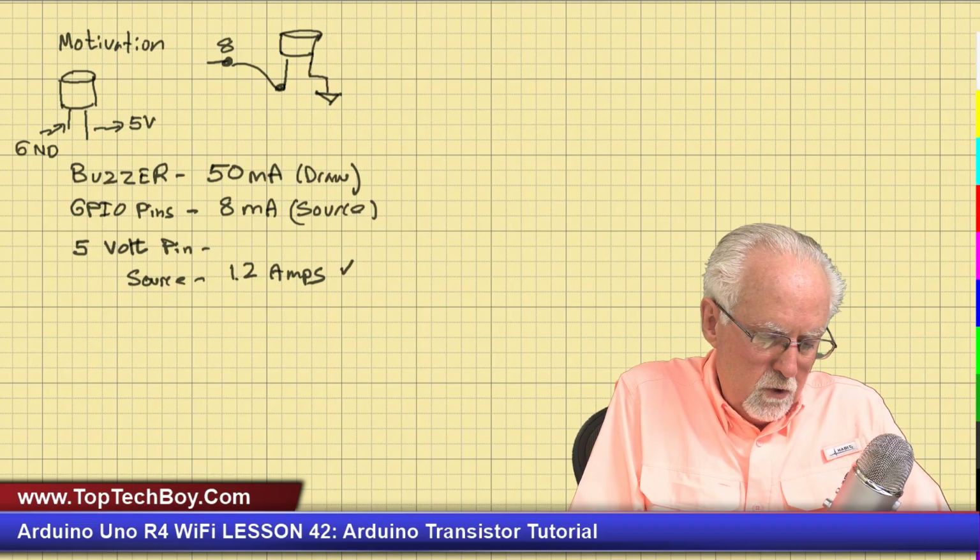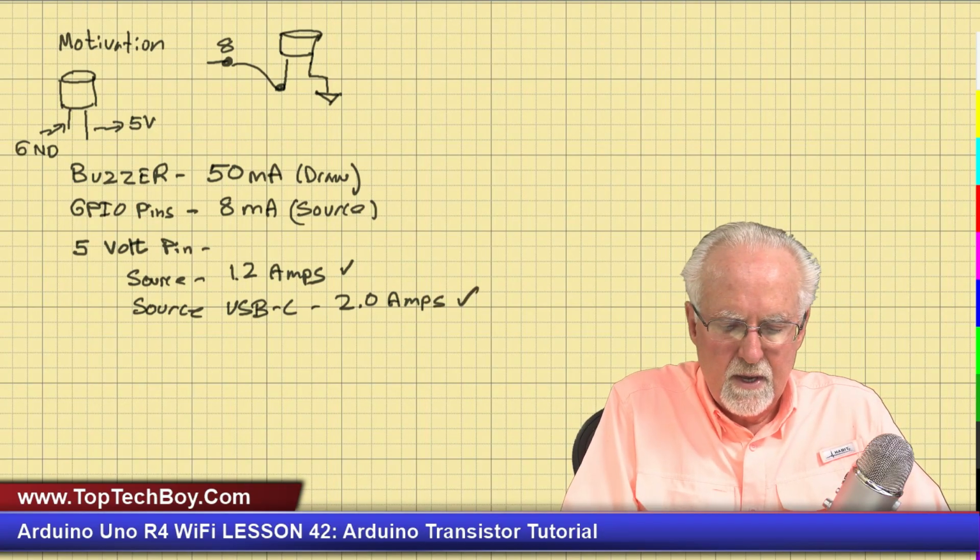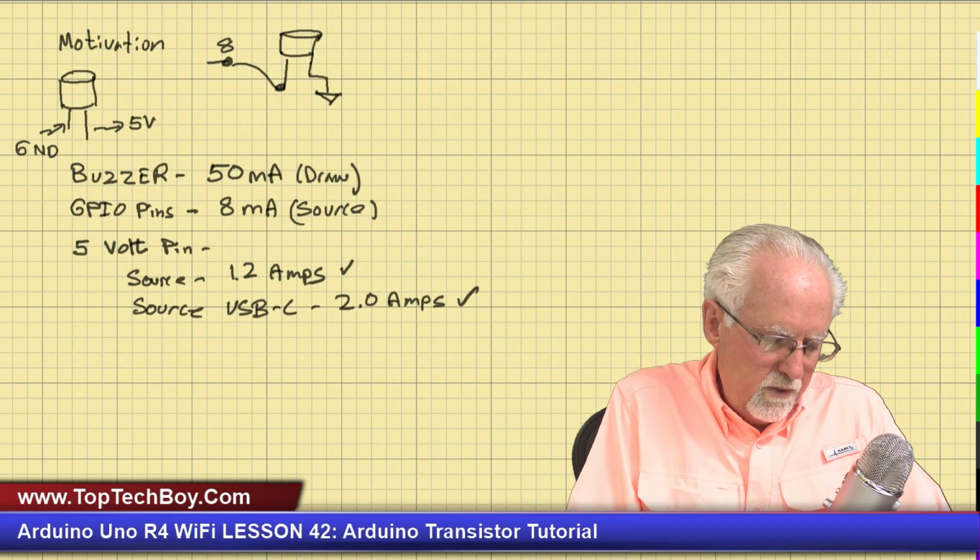But if you connect it to the USB-C cable, you can power up to 2 amps. Okay, that's what it says. But I want to warn you, I would never do this.